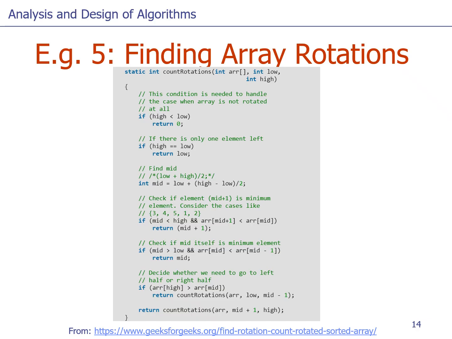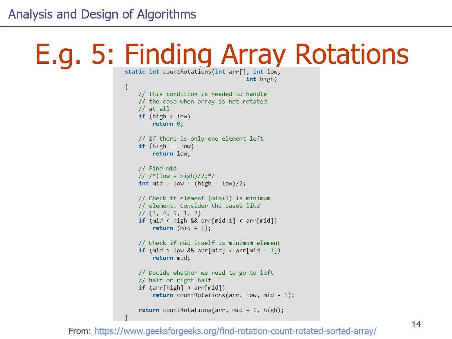Now, what's the second if statement then? That says check if mid itself is a minimum element. If mid is greater than low, just as a sanity check, and array of mid is less than array of mid minus 1. Let's imagine that in the array above we switched the values. It's 3, 4, 1, 1.5, and 2. When you pick the mid, now it's 1.